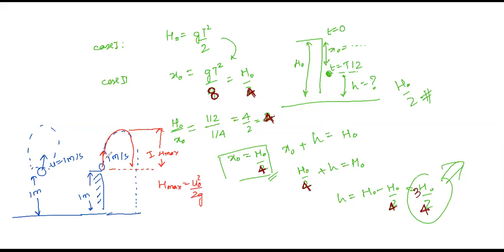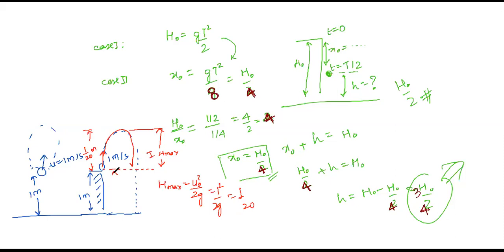Therefore, u naught in this case is 1. So you will have 1 square by 2g, or 1 by 20. 1 by 20 is the maximum height reached. So this is 1 by 20 meters.